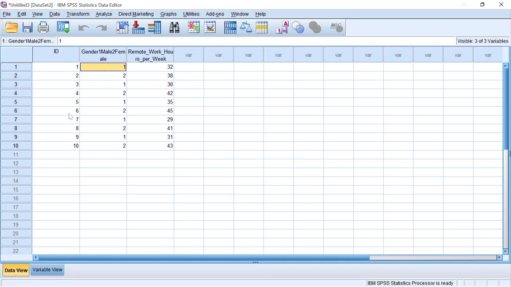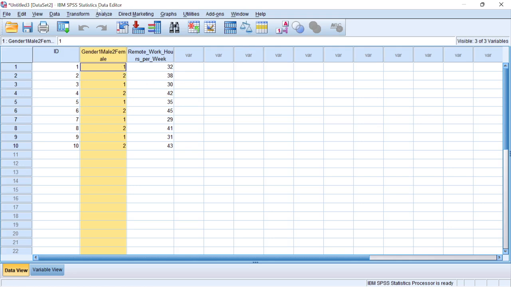As you can see, this is the ID, and this tells you that there are 10. The gender is the group definition. Anytime you see one, you're talking about male. Anytime you see two, you're talking about female. Then lastly, the remote work hours per week. The first one is male, 32 hours. This is real life stuff.